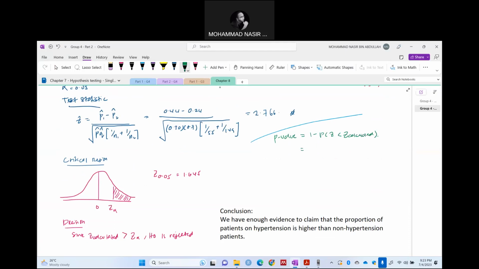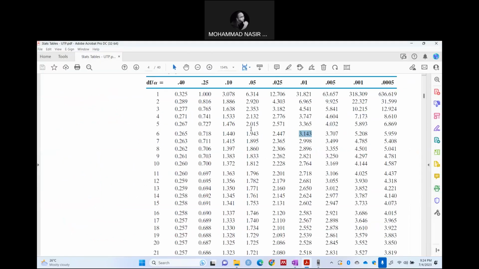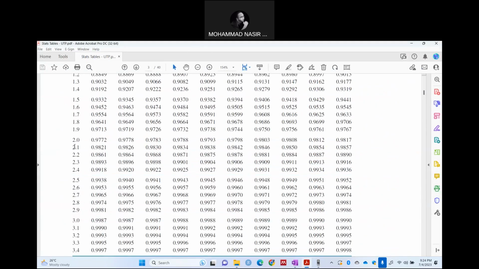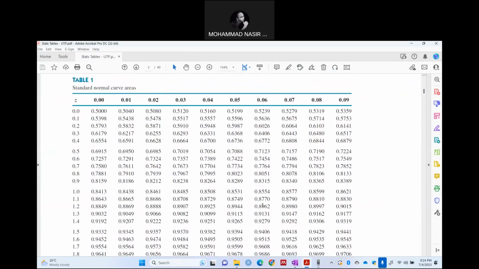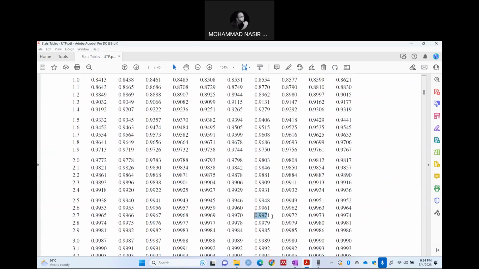So remember, Z calculated is always a positive value. So 1 minus probability of Z less than 2.766. So look at the statistical table, 2.76, this one. Should be 0.9971.